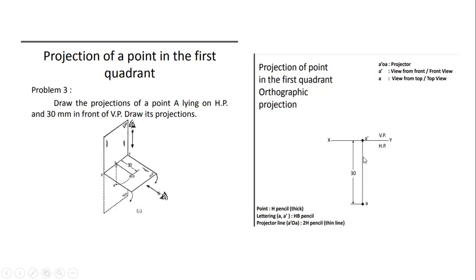So connect A and A dash by drawing a projection line. In the previous problem, they gave the front view height 20 mm above the horizontal plane, but here the front view lies on the reference line. There is no height given, only the top view distance in front of the vertical plane is mentioned in the question.